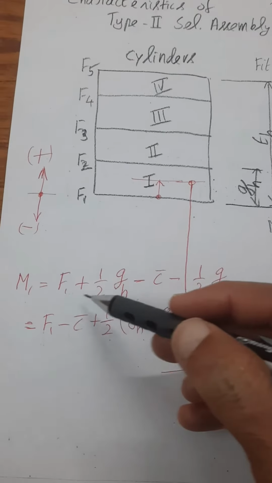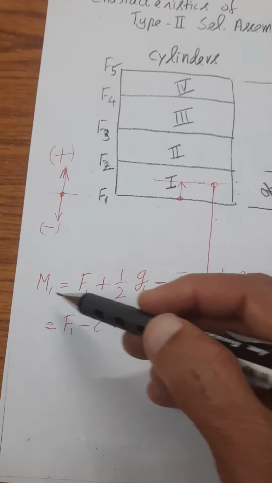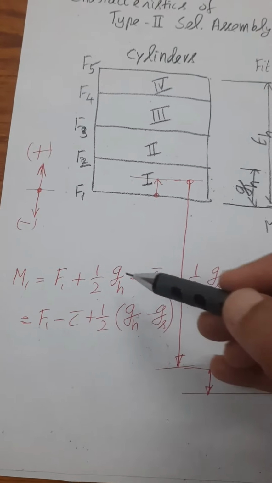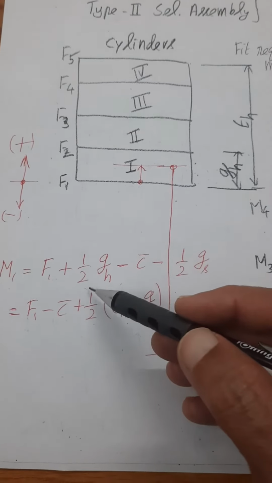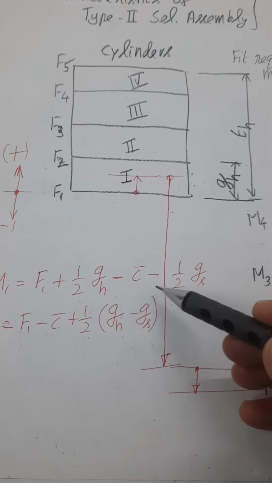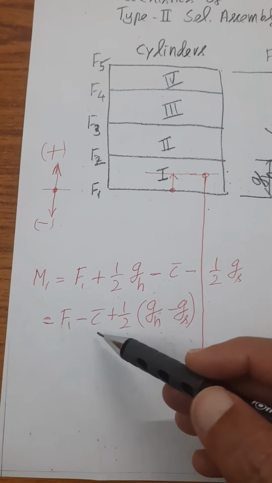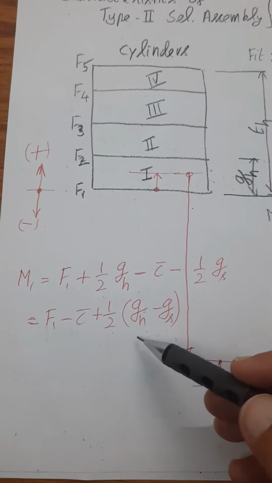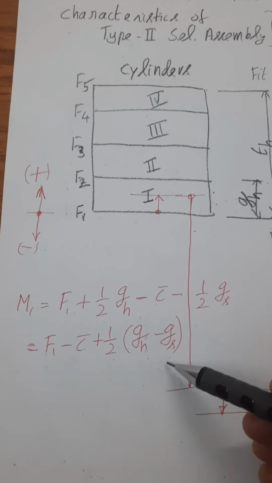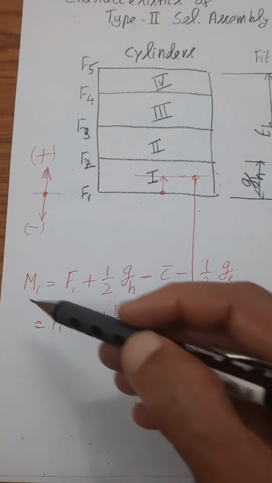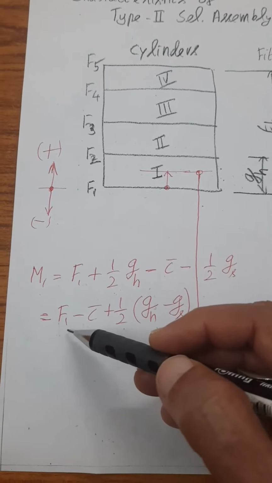So that is what I have written. M1 value is arrived from this dimensional chain: F1 plus half of G gauge minus C bar minus half of GS. So it is rewritten as F1 minus C bar plus half of G gauge minus GS. So this formula I am going to use for finding the M1 value with the help of F1 value.